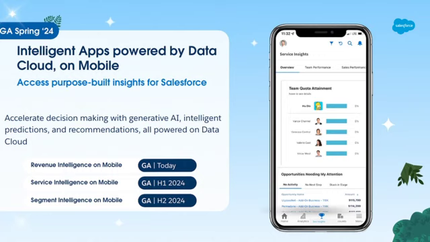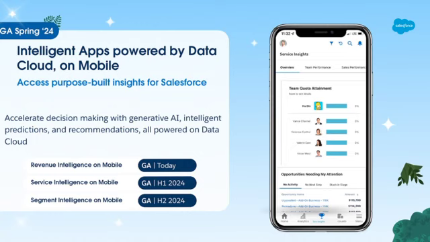In fact, right now we have Revenue Intelligence on mobile, which is GA. It's available today. Service Intelligence on mobile is scheduled to be available spring 24, which will be early next year. And beyond that, we're also going to be bringing you Segment Intelligence, which is right now targeted for the second half of next year.